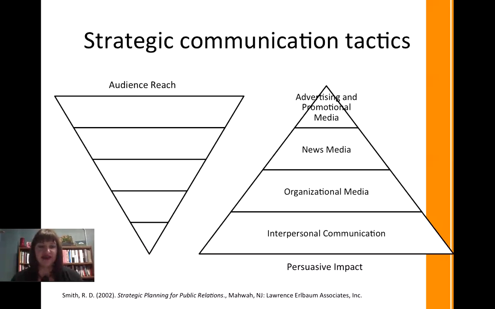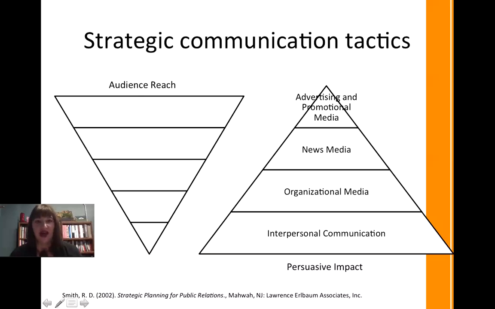Okay, so here I have some strategic communication tactics that we may consider. We kind of almost have an inverse pyramid here, and then the regular pyramid here to determine the regular pyramid is our persuasive impact. So if you're using advertising and promotional material, you have very little persuasive impact. It's the smallest part.